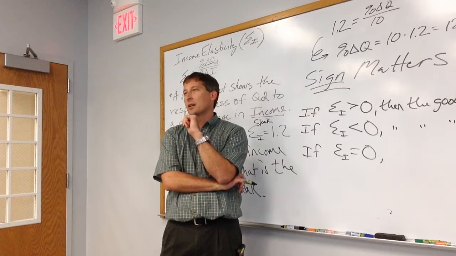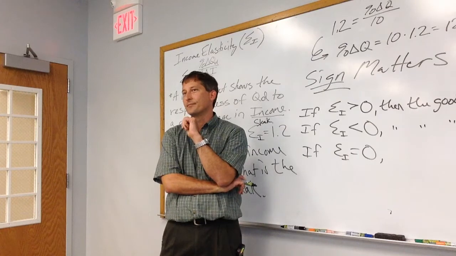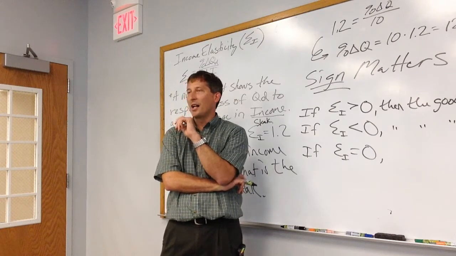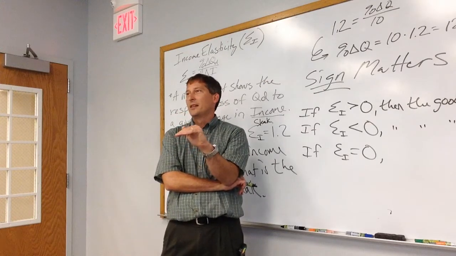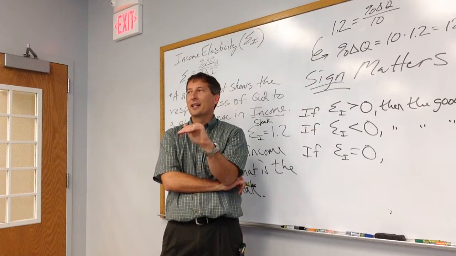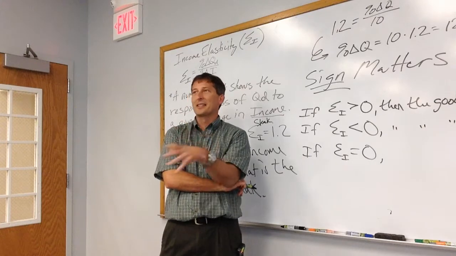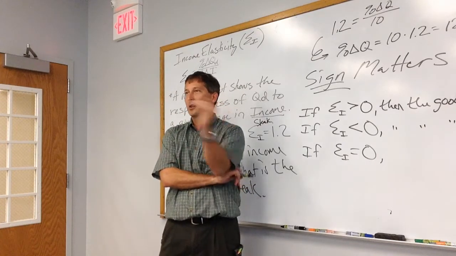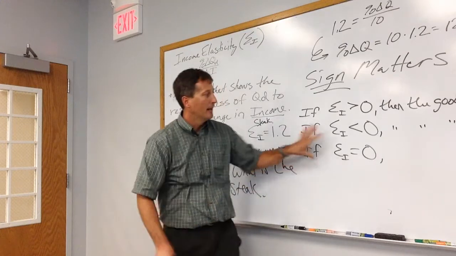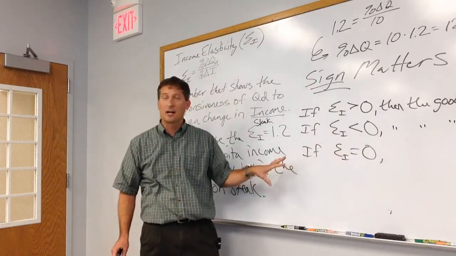Think you're going to buy more milk? Even being a poor college student drinking a 6-pack of Red Bull every day, are you going to have your bowl of milk and then all of a sudden, I've got to have more milk now that I'm rich? No, milk tends to be pretty stable and independent of our income.